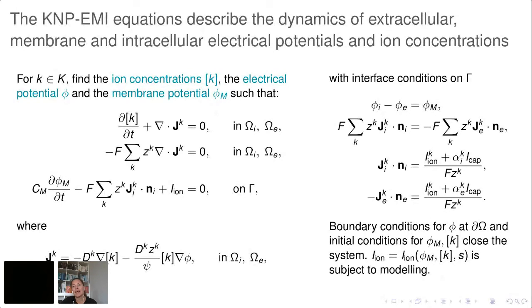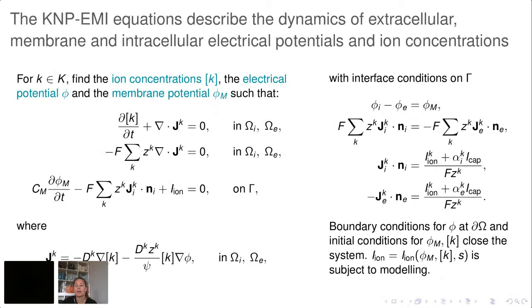And moreover, we have interface conditions on the interface gamma to couple the dynamics in the intra and extracellular domains. And these interface conditions define the membrane potential, continuity of total flux across the membrane, and how specific ion channels cross the membrane. And I_ion here is a functional describing the membrane mechanisms. And this is subject to modeling. So it could include, for example, ion channels, pumps, co-transporters, and so on.